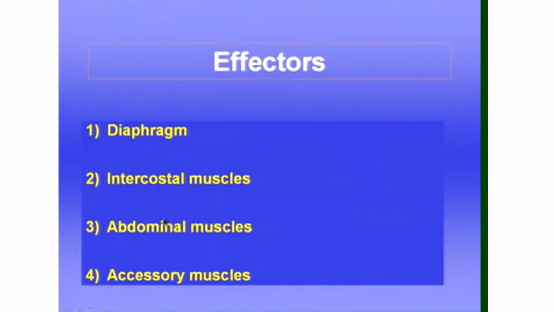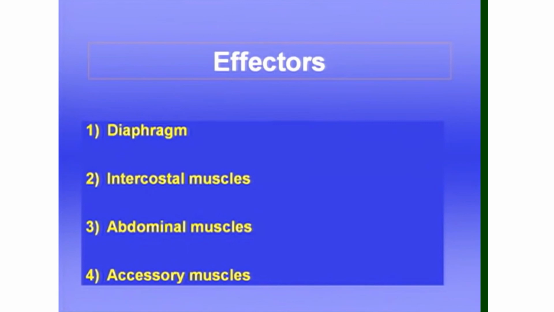Expiration is normally passive, as we've said, but during exercise, for example, when expiration becomes active, then the abdominal muscles become particularly important. They're the most important muscles of expiration. They're assisted by the internal intercostals.